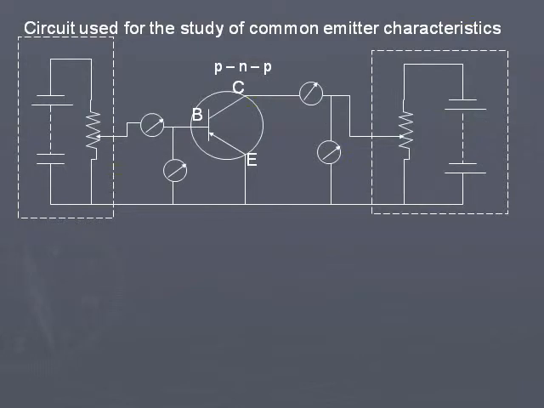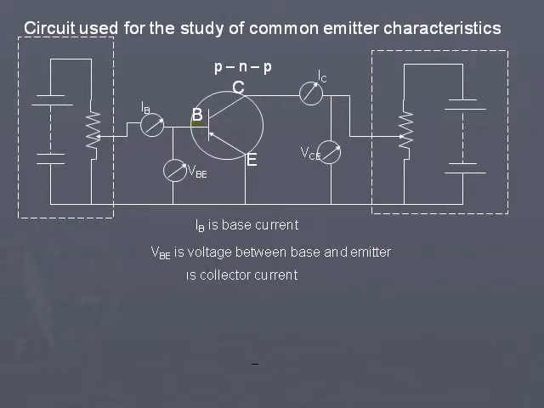Here I am using a PNP transistor, and I have shown the ammeters and voltmeters meant for reading IC, collector current, VCE, voltage between collector and emitter, IB, this is the ammeter which measures base current, and VBE, a voltmeter which measures the potential difference between base and emitter.